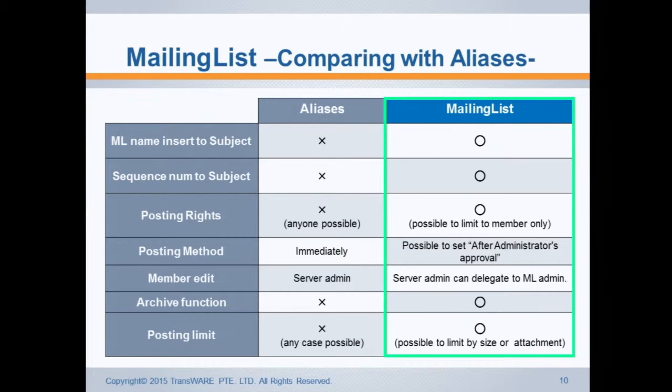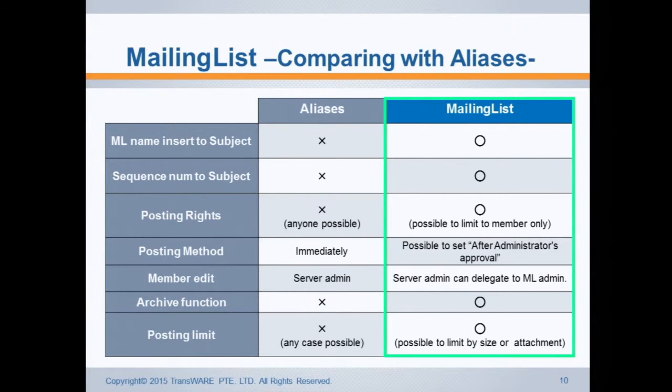On a similar function, you must have known aliases. There are various differences between the MailSuite mailing list and aliases when compared with this tool. For example, the mailing list has a function to insert the mailing list name and sequence number into the subject. And in the mailing list, you can also set the rights to post and how to post to a representative address.